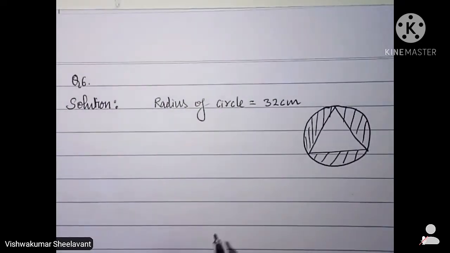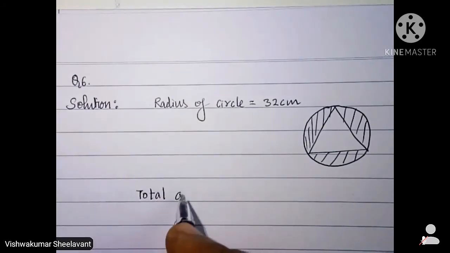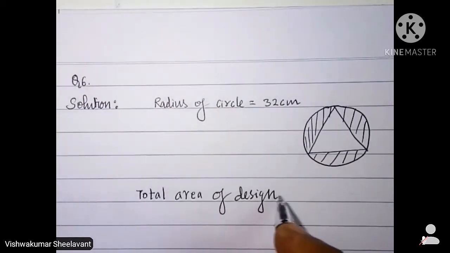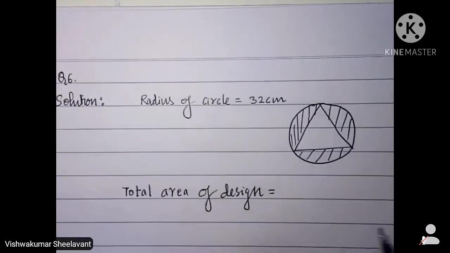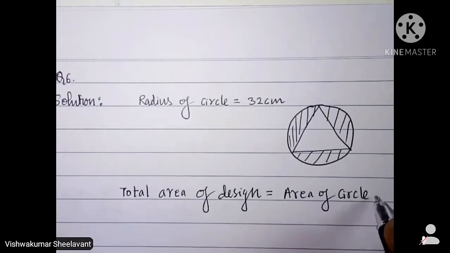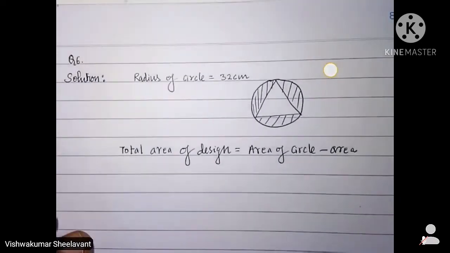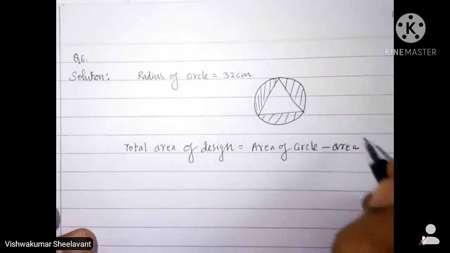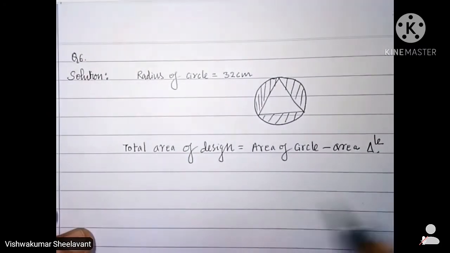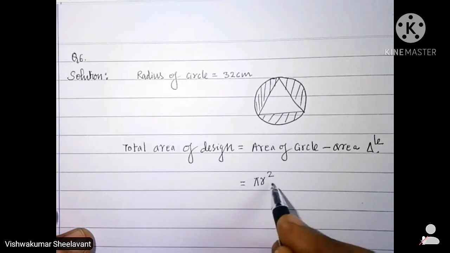That means the total area of design is equal to area of circle minus area of triangle. Area of circle is pi r square.